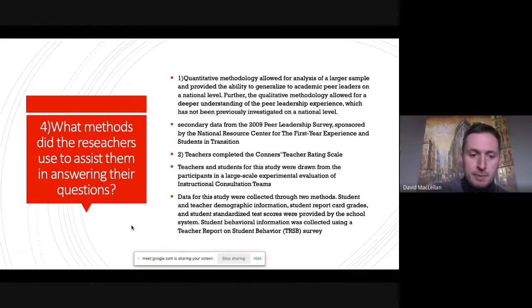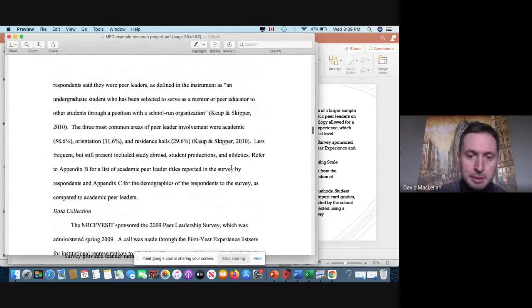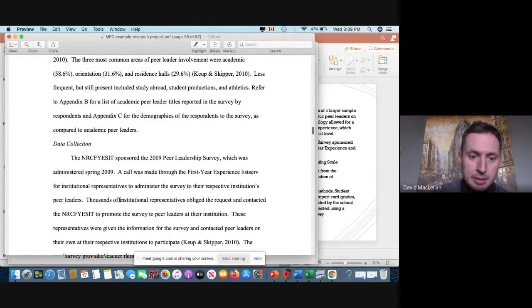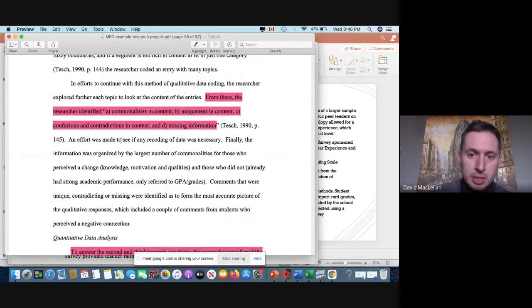For this part, I'm just going to quickly look at the methods the researchers use. The study on peer leadership used both quantitative and qualitative data. In terms of the qualitative data, the researcher tried to make the questions open-ended and then look at identifying commonalities in content, uniqueness in content, confusions and contradictions in content, and maybe some missing information.